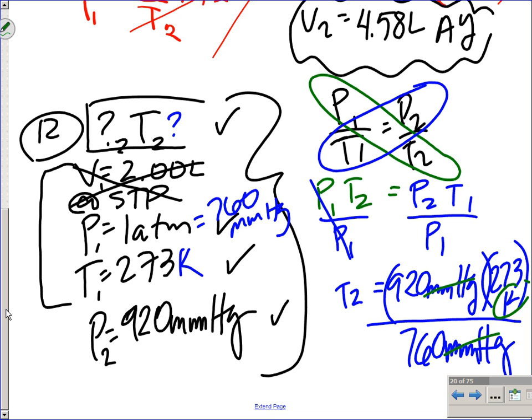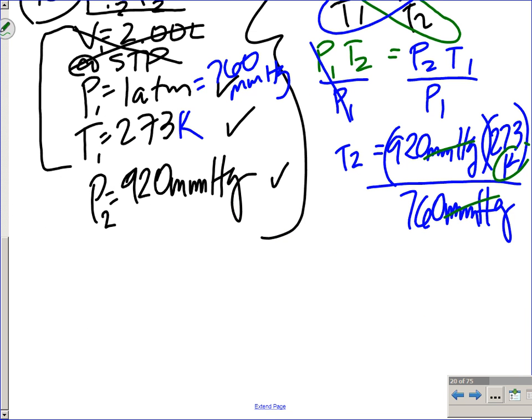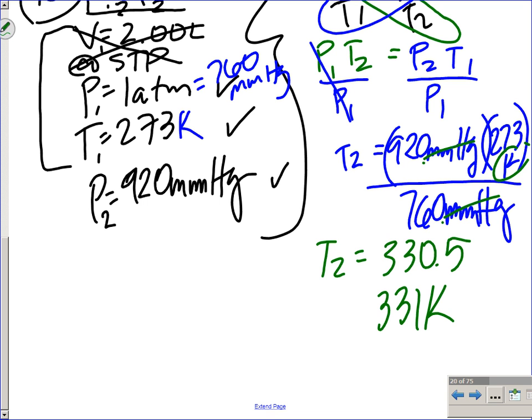What's this answer? Okay, I was guesstimating. I'm ready. 330.5, and that would be. Let me see. Was it 290 dot or 920 dot? That should be 366, so 331 Kelvin, which is what Celsius?